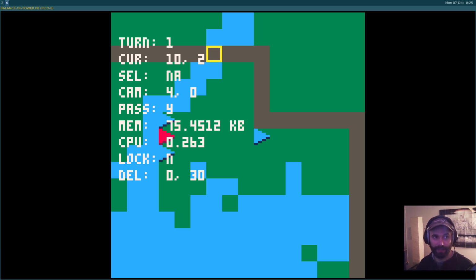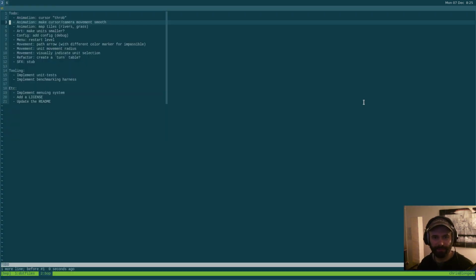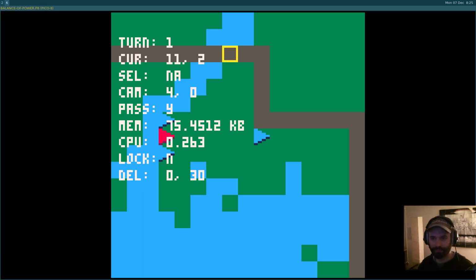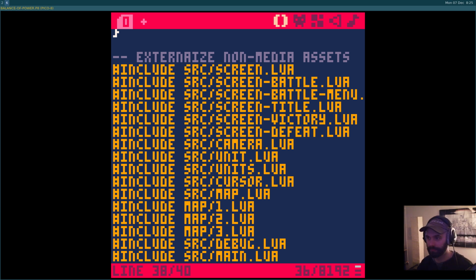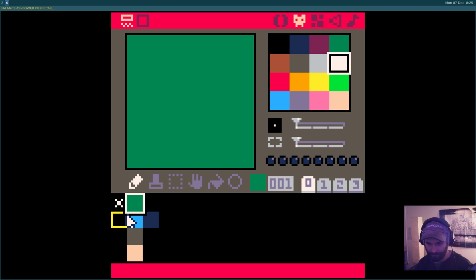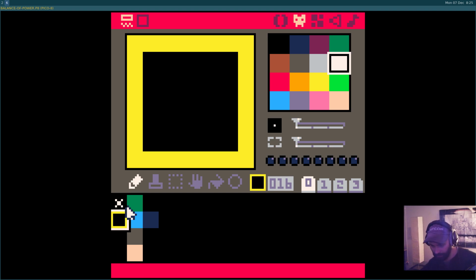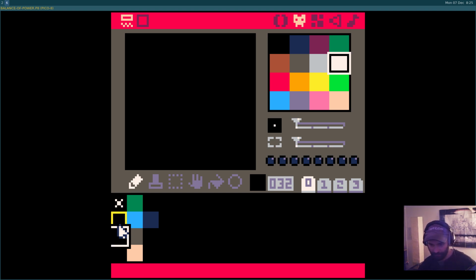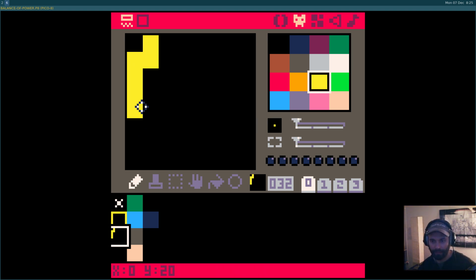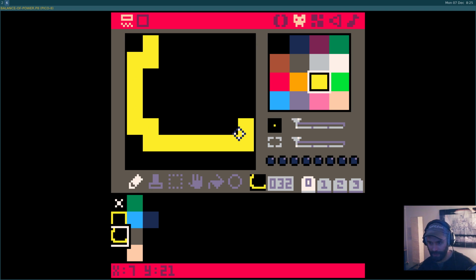So let's take a look here. I think this cursor is a sprite. Is that right? I think that's right. Let's do another gross hack. Let's make a small cursor.